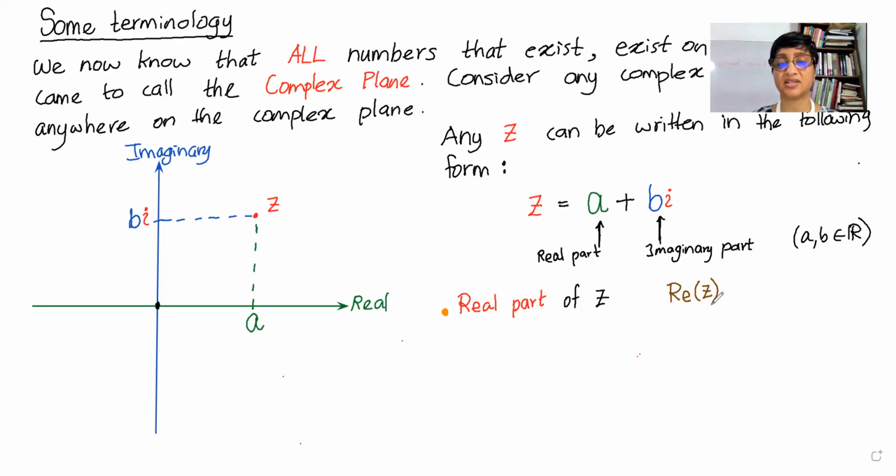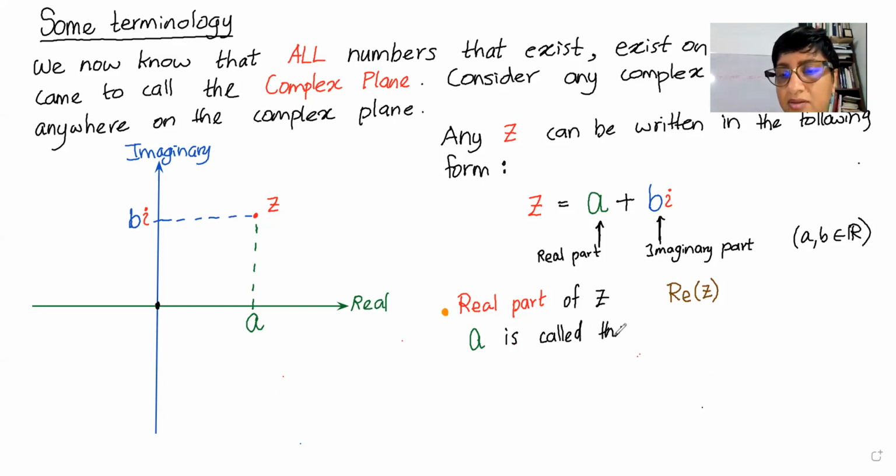Real part. It's a thing, okay? Under that, right? That number A, your number A, I will use my colors. A is called the real part of Z.